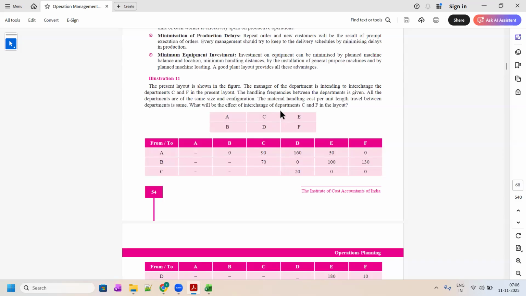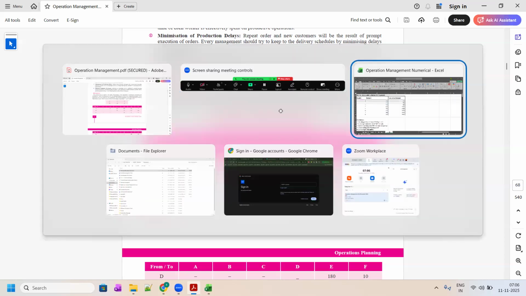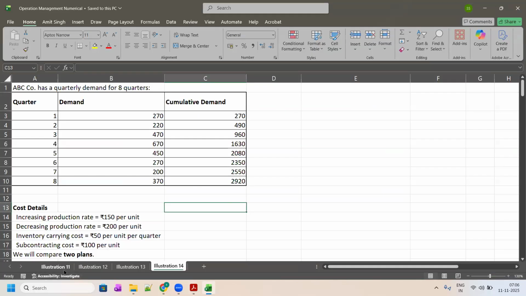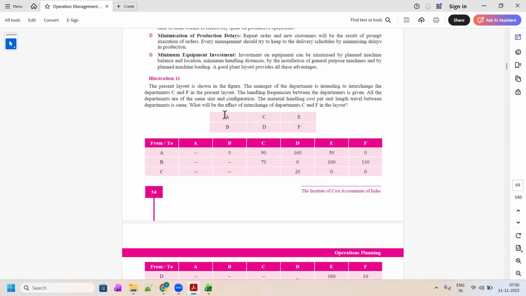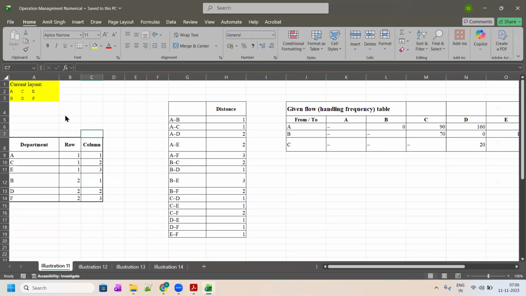Now, in this numerical, this is the layout given to us: A C E, B D F. Based on this, can I assign row numbers and column numbers to this layout?